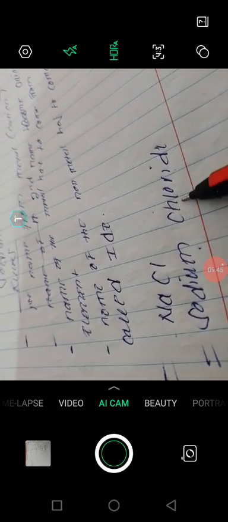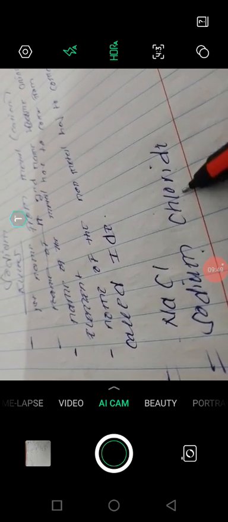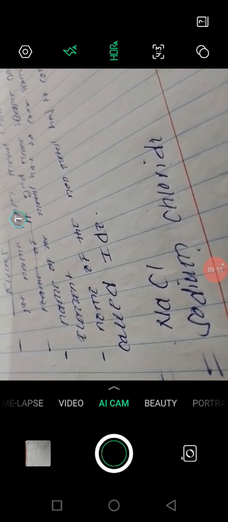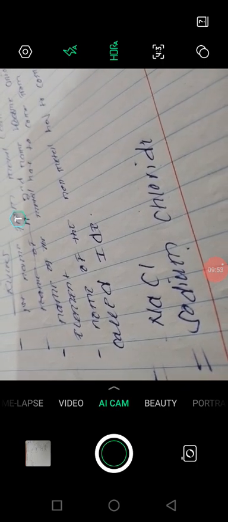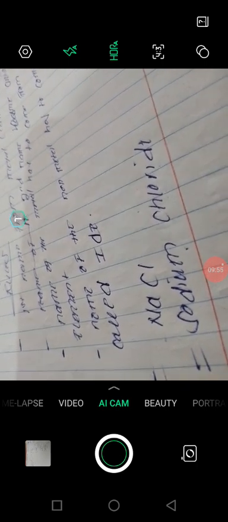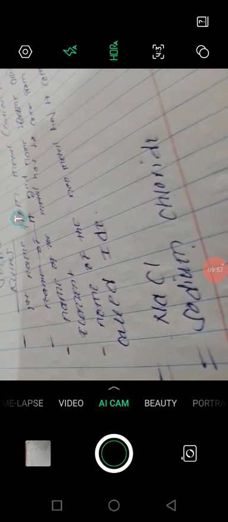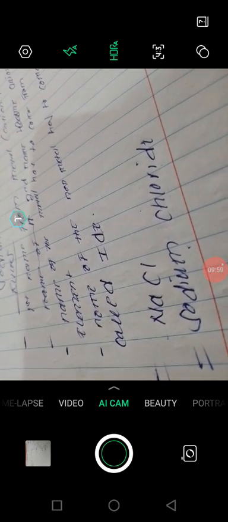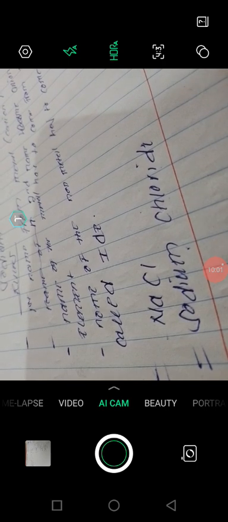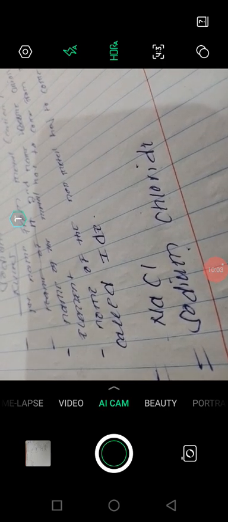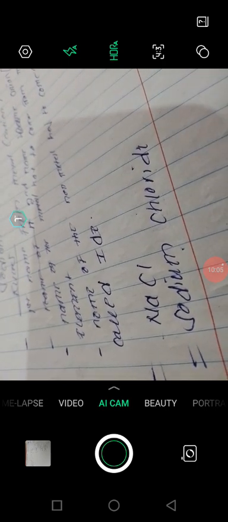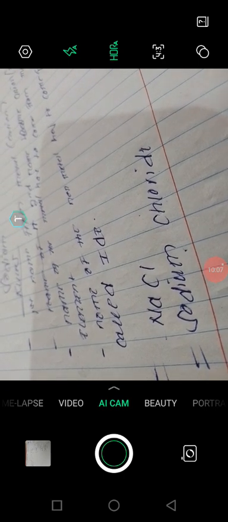So this is sodium chloride. This is chloro from chlorine, right? This is the symbol for chlorine. And chlorine being in group 7, it contains a negative charge, and it acts as an anion, which is a non-metal. Now in this case, for a non-metal or anion, the ending has to be IDE, right?